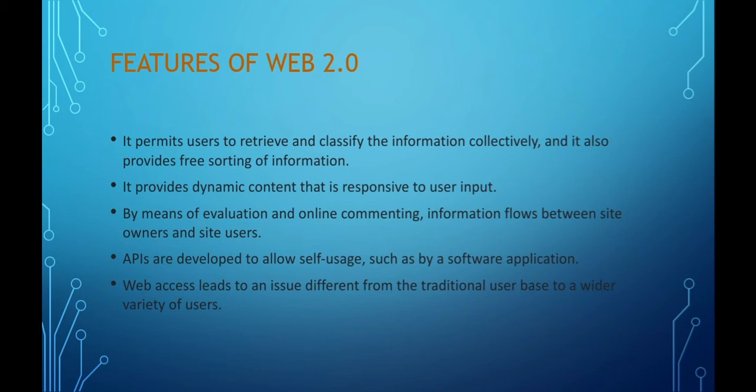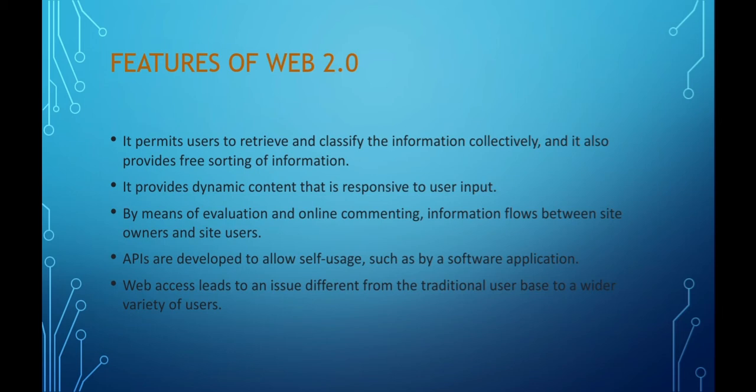It provides dynamic content that is responsive to user input. By means of evaluation and online commenting, information flows between site owner and site users. APIs are developed to allow self-usage as software applications.